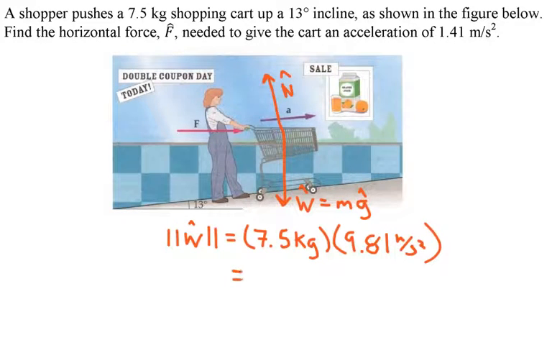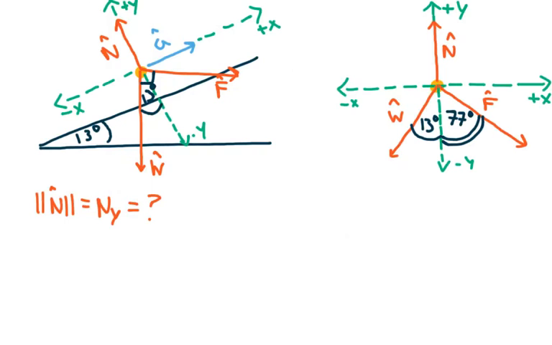Typing that into my calculator, I get approximately 73.575 newtons. I'm going to keep all those digits and not round until the very end. So that is the magnitude of my weight.